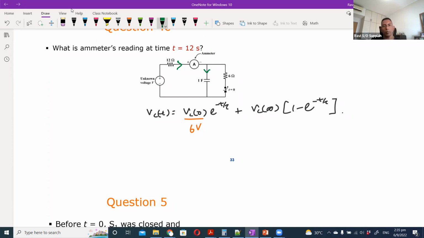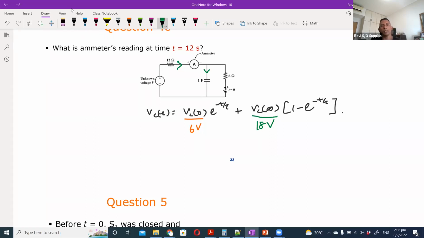Then it will no longer have any current flow because it reached steady state. So VC infinity would be the 18 volt. This is similar to the dual battery case, when we had two parallel batteries. When one voltage is higher than the other, the current will flow in one direction until they both stabilize.